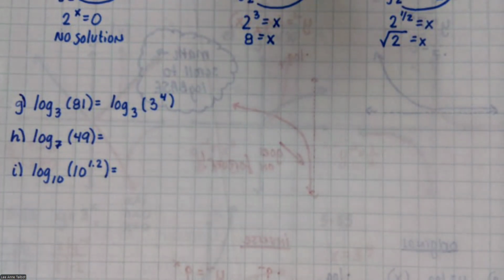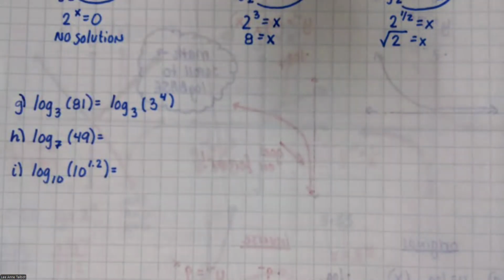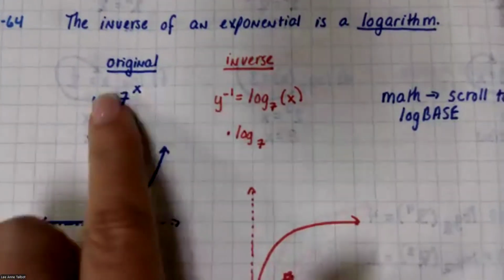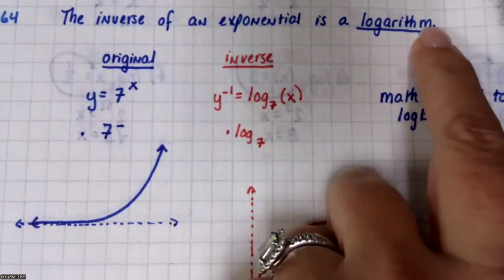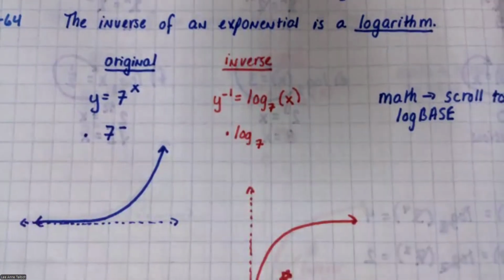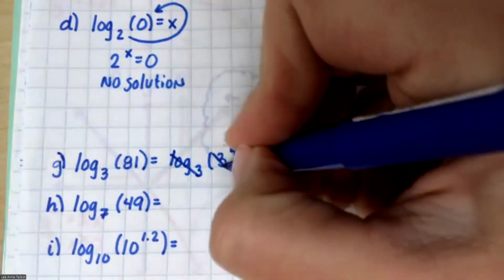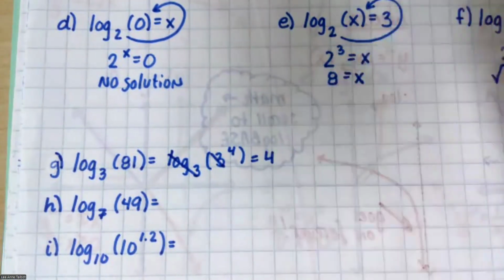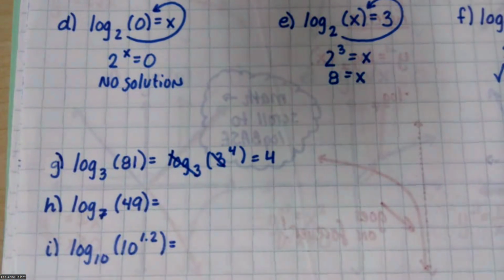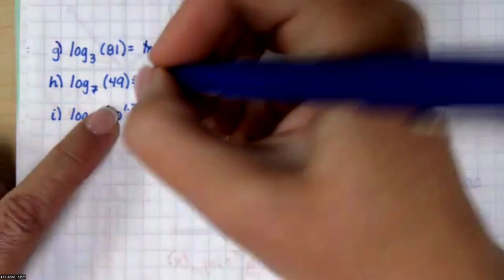Because I just taught you a few minutes ago that the inverse of an exponential is a logarithm. These two things undo each other. So what I'm saying is these two things undo each other, and the answer is 4. So you can use inverse operations instead of the guidance circle.